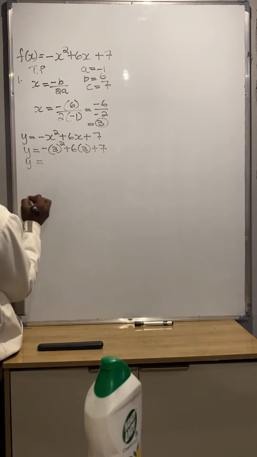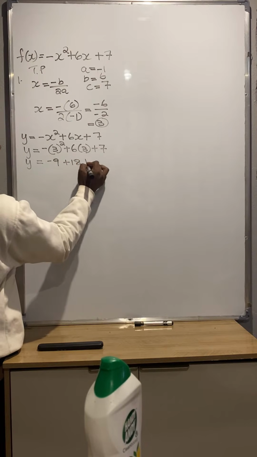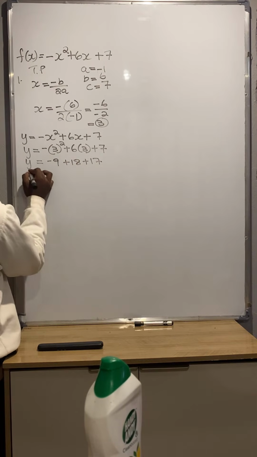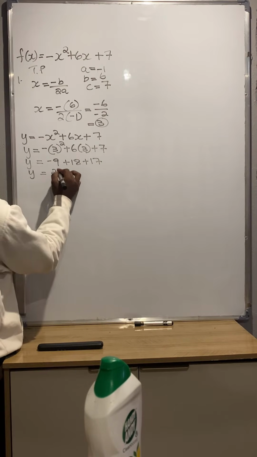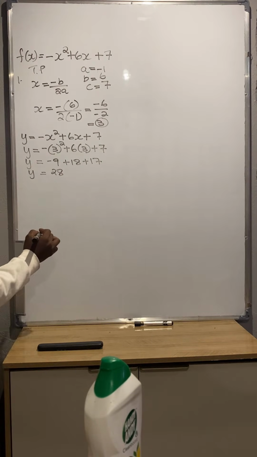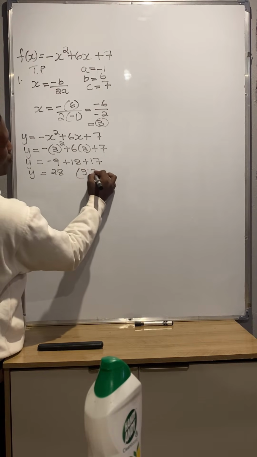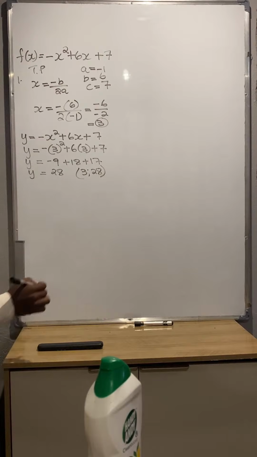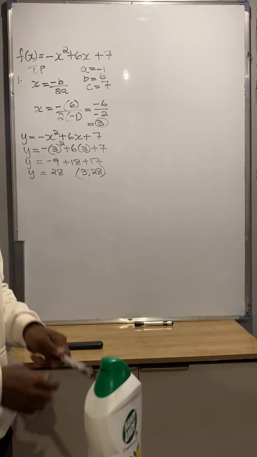Then y is negative 9 plus 18 plus 7. Your final answer will therefore be 16. Your turning point is (3; 16).